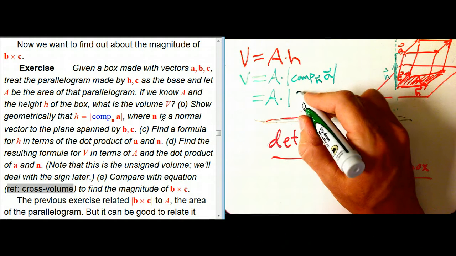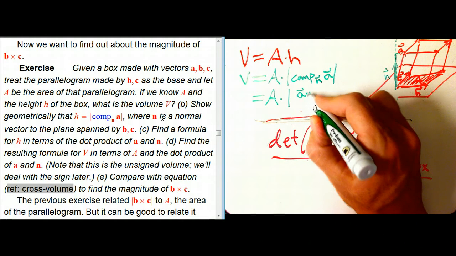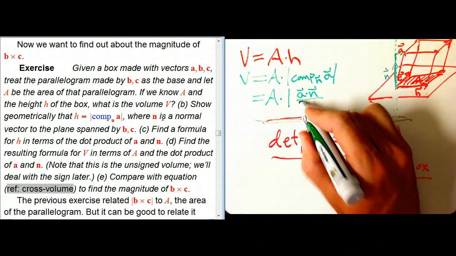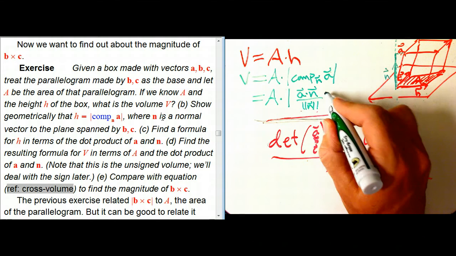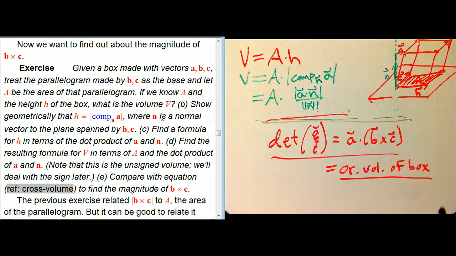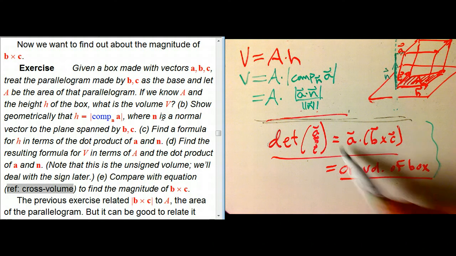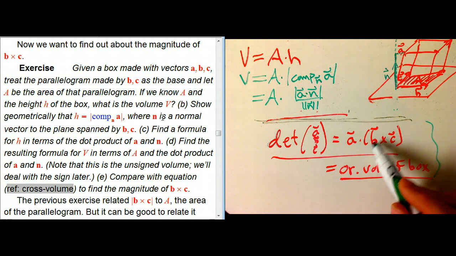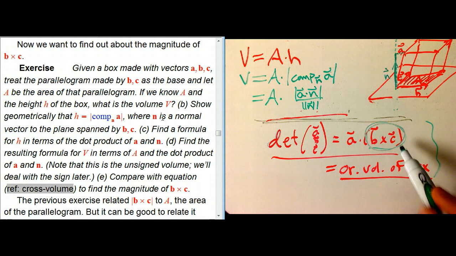It is just A dot n divided by the magnitude of n. And that's already positive, so it doesn't need the absolute value. So we've got one thing, which is that the oriented volume of the box has to do with this dot and cross, and we're trying to figure out what this is all about.